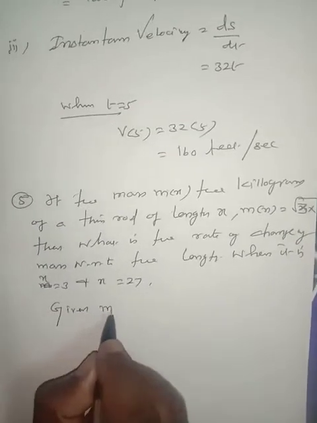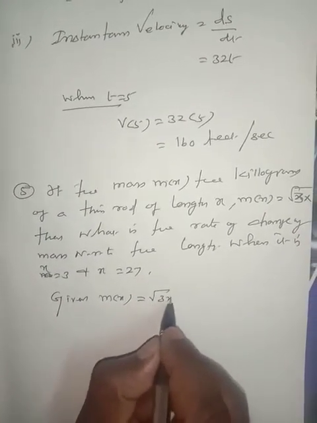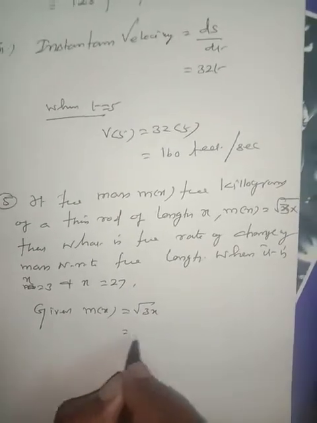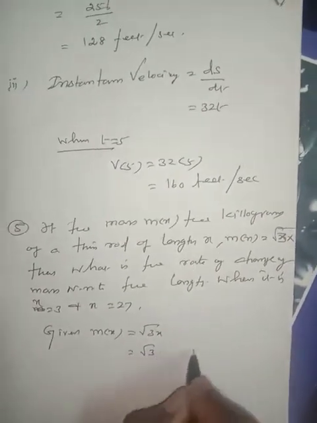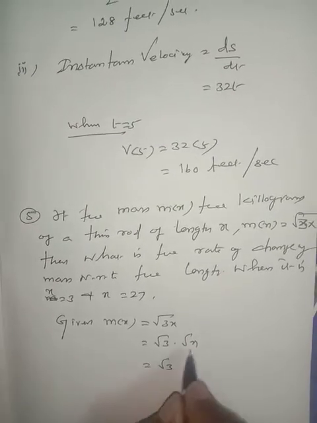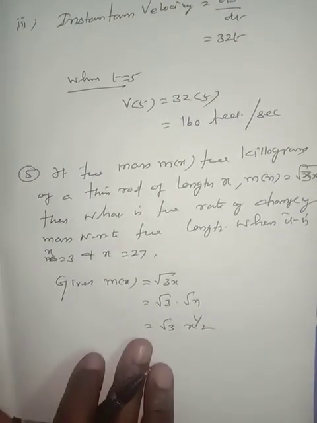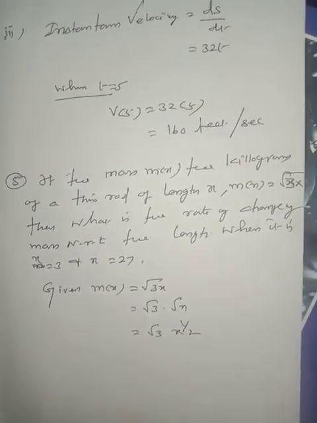Given m of x is equal to root 3x. This means root 3 into root x, and root x means x power 1 by 2. Now differentiate m with respect to x.